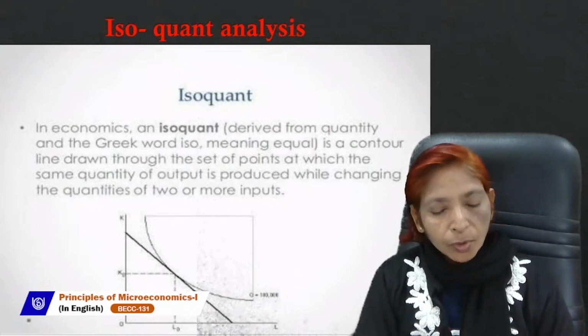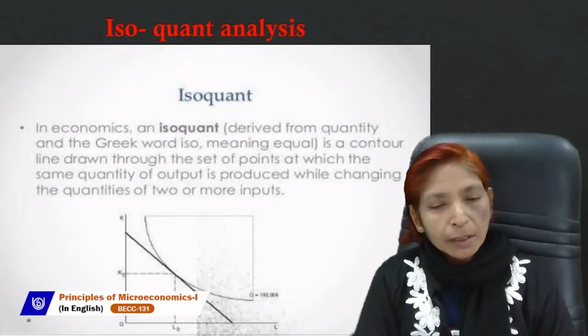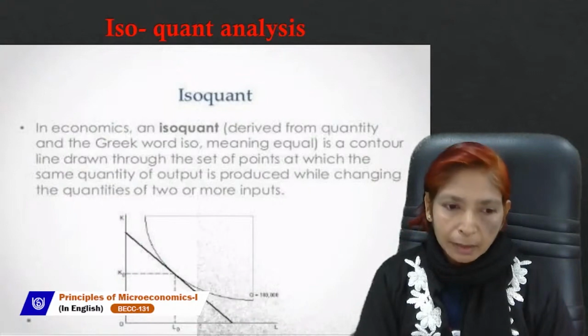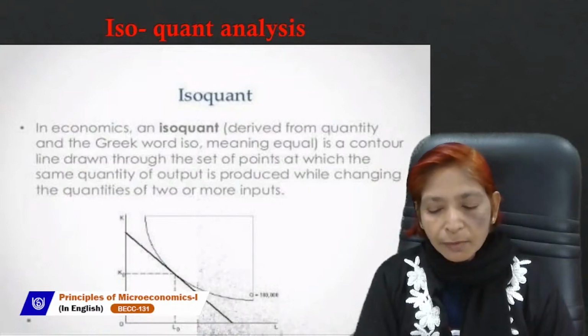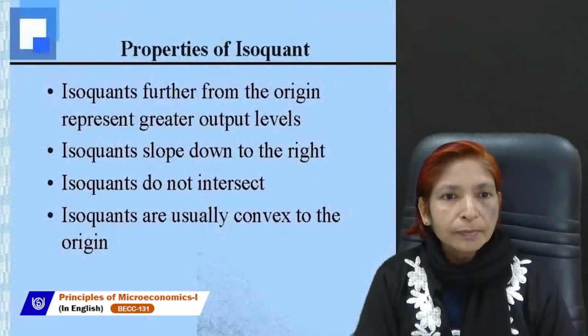So if we use more capital, then we will use less labor. And if we use more labor, then we will use less capital. So isoquant curve is always a downward sloping curve.